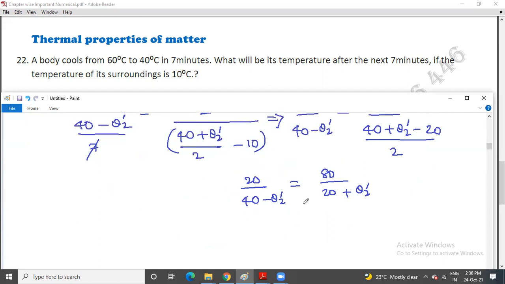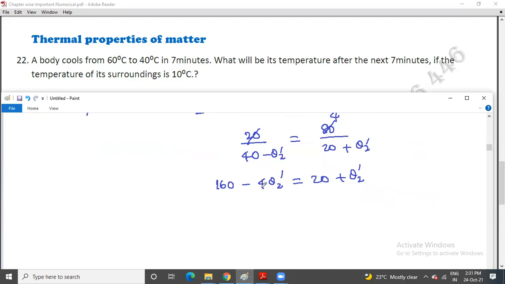Now 20 into 4 times. So 40 into 4, 160 minus 4 theta 2 dash is equal to 20 plus theta 2 dash. Now this will come this side, this will come this side. It will be 140.